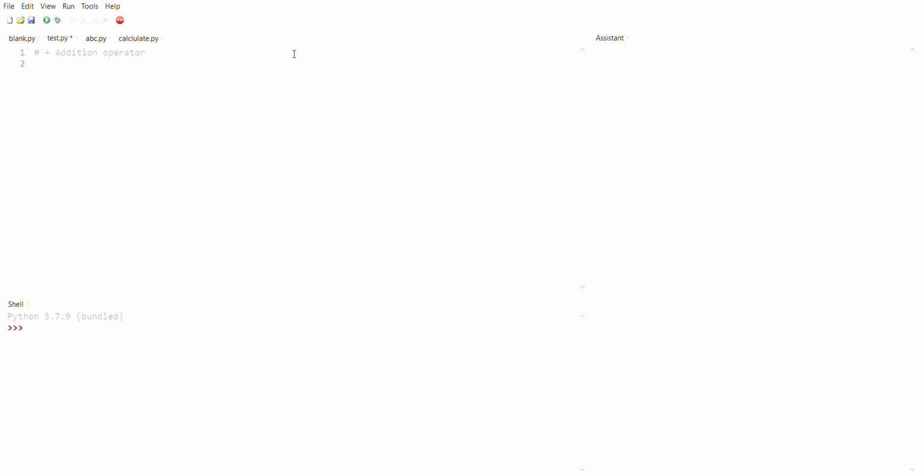So guys, this operator simply adds any two values. For this, we can say print 2 plus 4. Let's run this. So it simply gives 6.